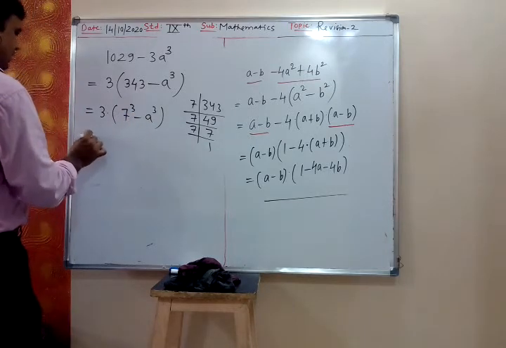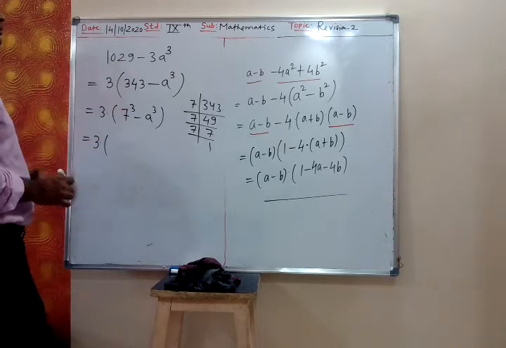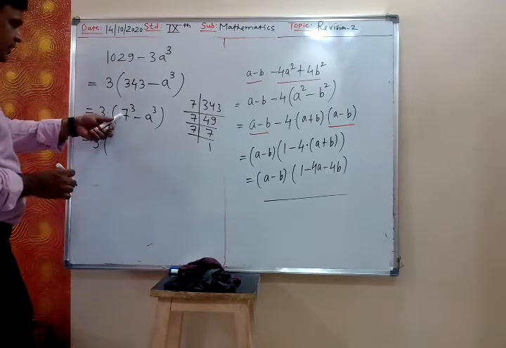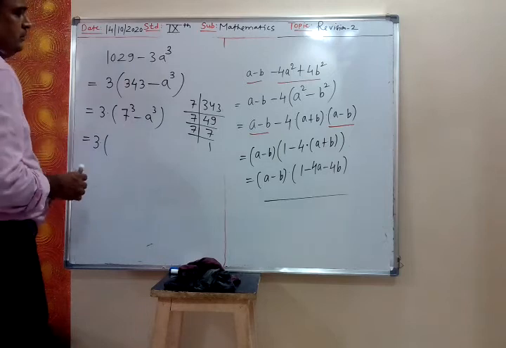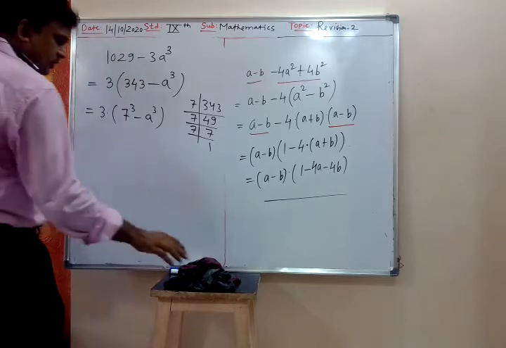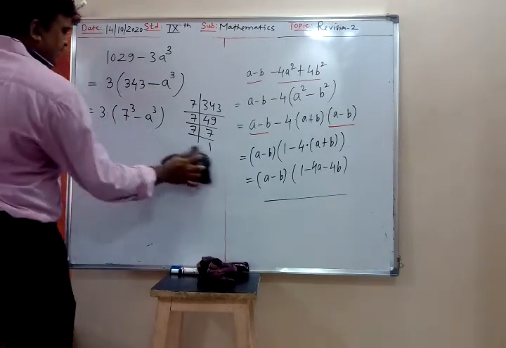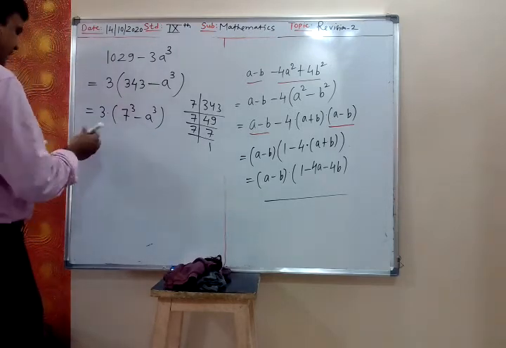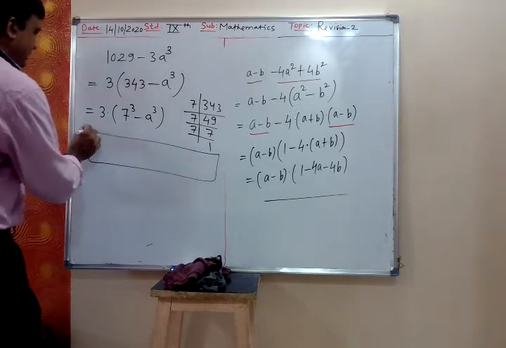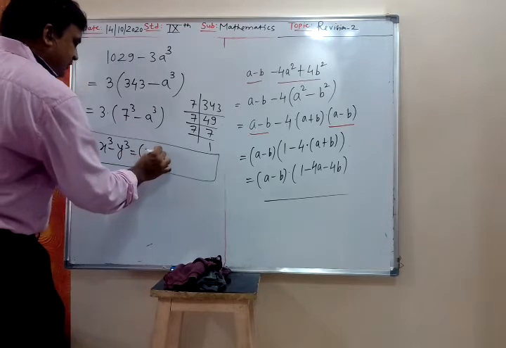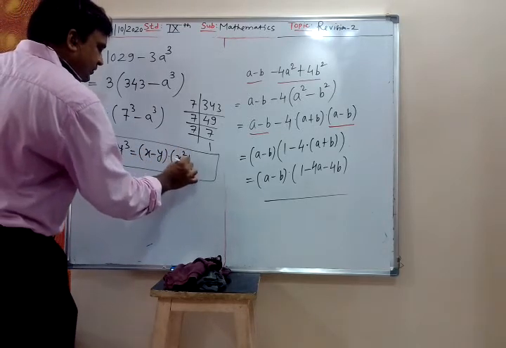Now we use the formula a cube minus b cube. What is a cube minus b cube? No, it is 7 cube minus a cube. So you can write the formula x cube minus y cube. X cube minus y cube is x minus y into x square plus xy plus y square.